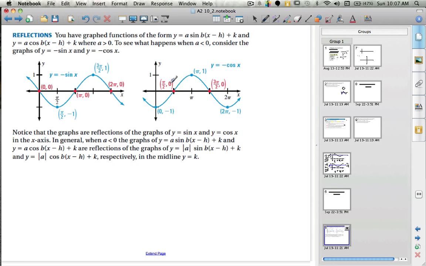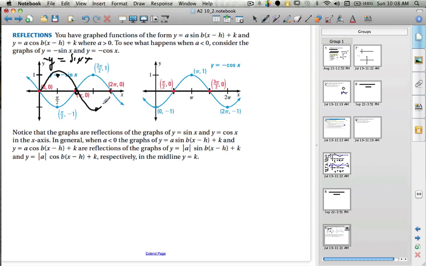So when we talk about reflections, you'll notice that normally, if I graphed y is equal to sine of x, this blue line is the graph of y is equal to the opposite of sine of x. It would look like this.